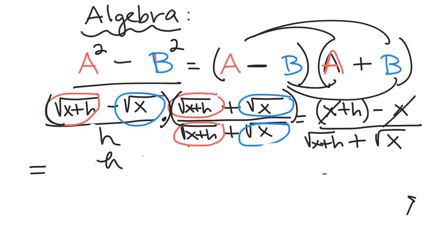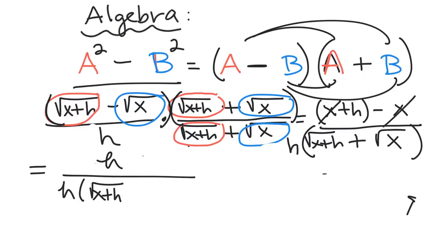And let me not forget over here, you were probably worrying about that, I still have that h in the denominator. So I now have h over h times the square root of x plus h plus the square root of x. And now, look what happens, that cancels, so there's just a 1 in the numerator. And when we take the limit as h goes to 0 here, something much better happens.